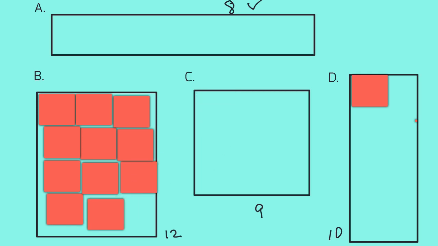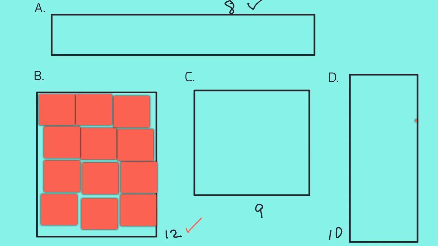Whoops. I'm losing count. I think that's 12. 1, 2, 3, 4, 5, 6, 7, 8, 9, 10, 11, 12. So our estimation was correct there.